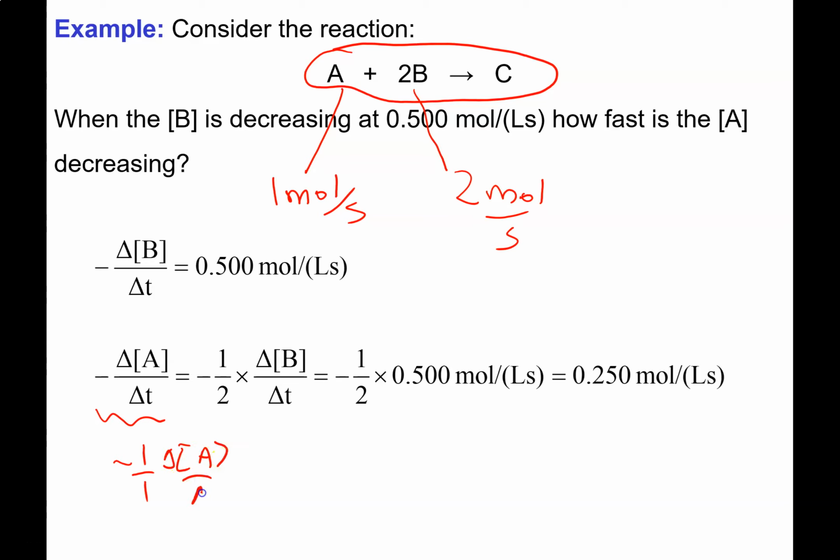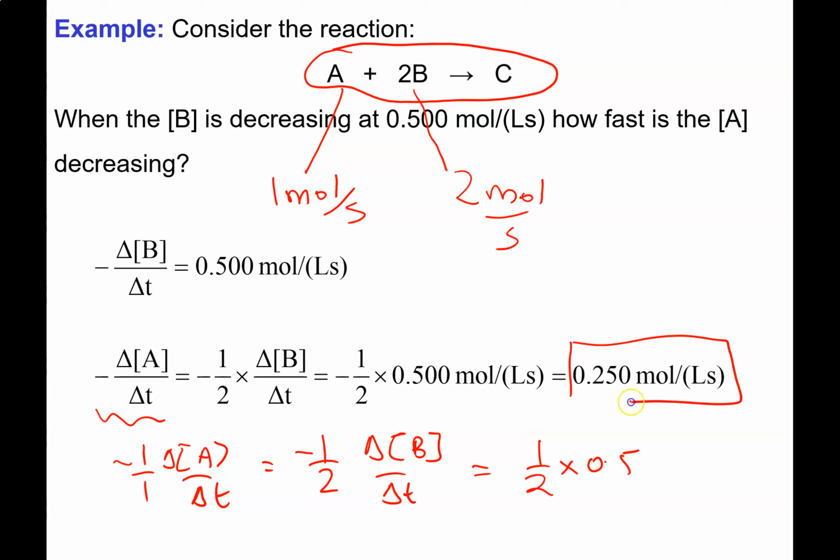It's really kind of this that we're writing, is equal to negative of 1 on the coefficient of the change in concentration of B per time, and we know that the negative of the change of concentration of B over the change in time is equal to 0.5, so that's just going to be equal to 1/2 times 0.5, which is 0.25 moles per liter per second.